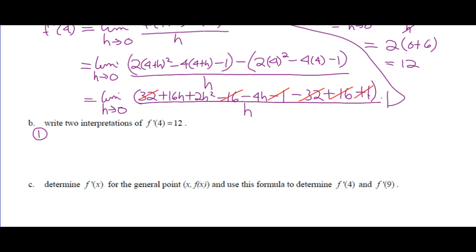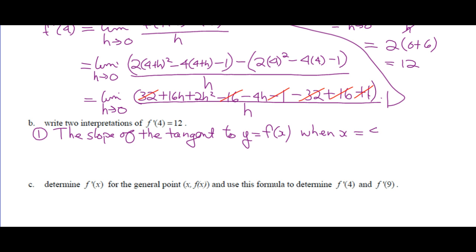So the slope of the tangent to y equals f of x at x equals 4, or when x equals 4. I don't know, what do you like, when or at? I'm going to say when. When x equals 4 is 12.